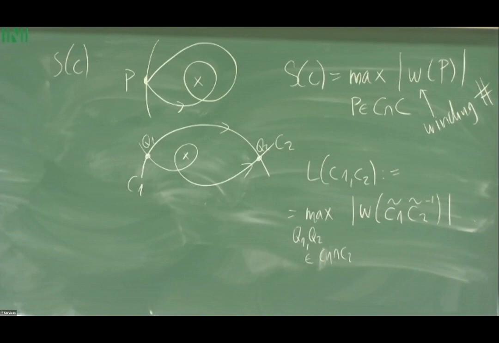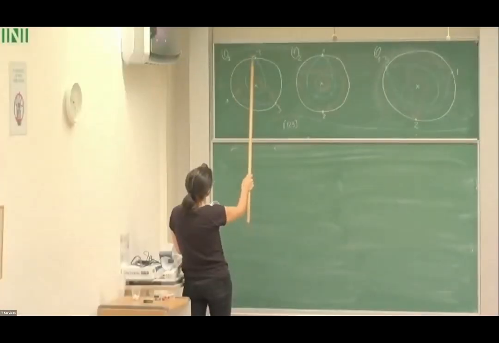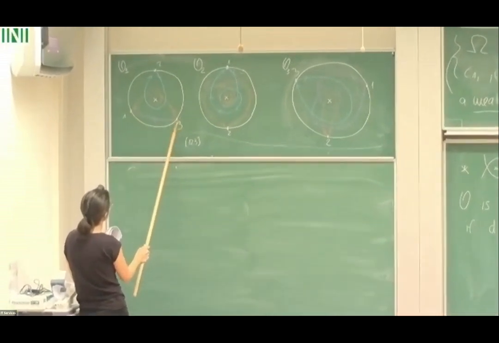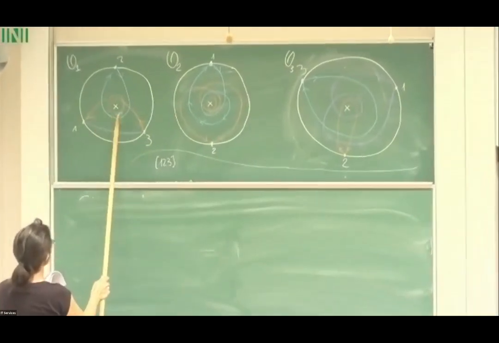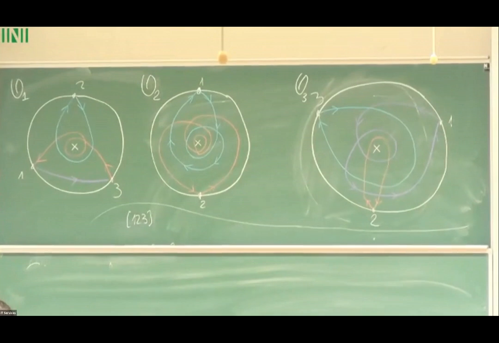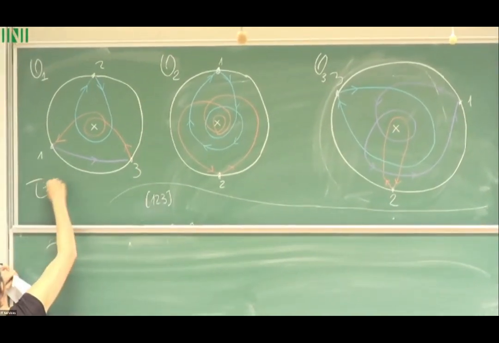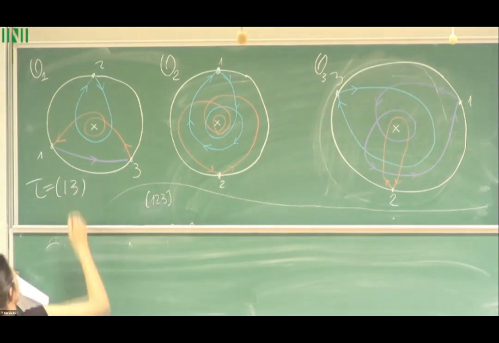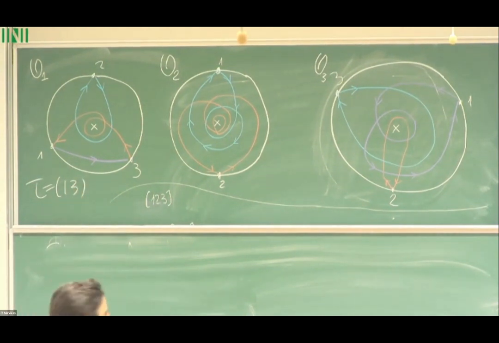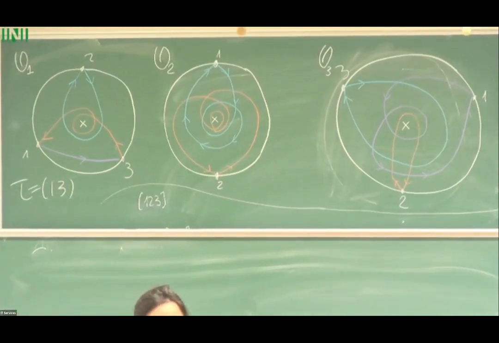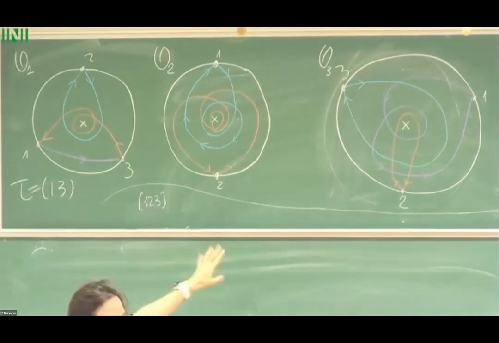The blue curve C2 goes back to itself. The purple one goes from 1 to 3, and the red one goes like this. So the permutation is 1, 3 in that case. The other two have permutation identity.